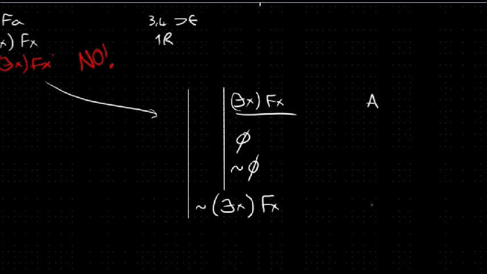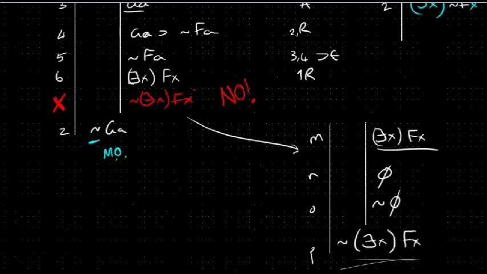And then we can do a negation introduction. Okay, so to introduce negated existential formulas like that we tried to do here, we can't do it with an existential introduction.